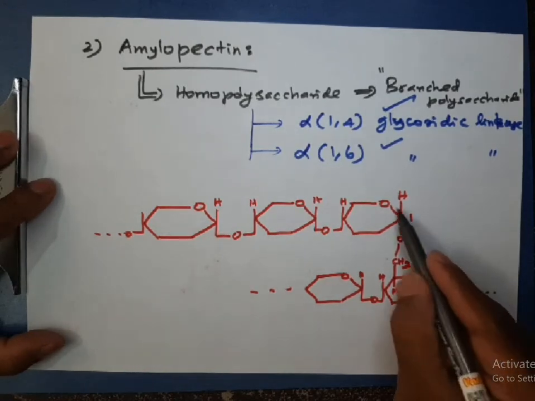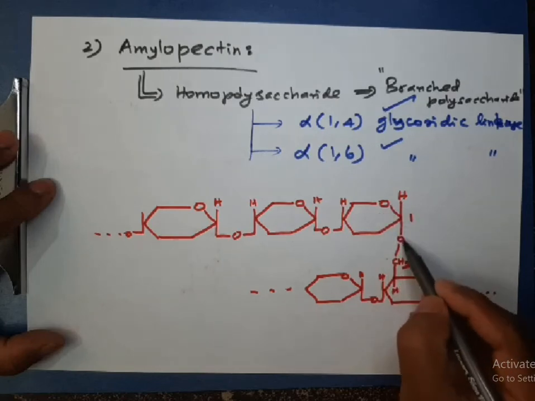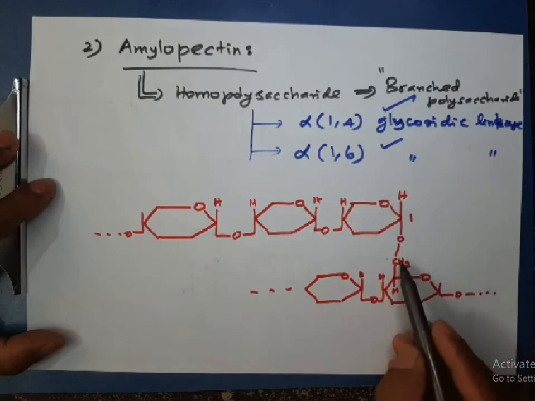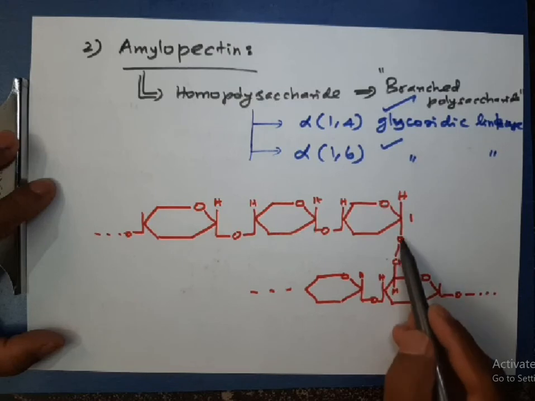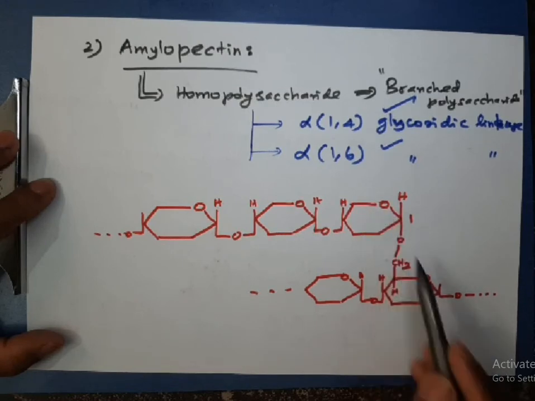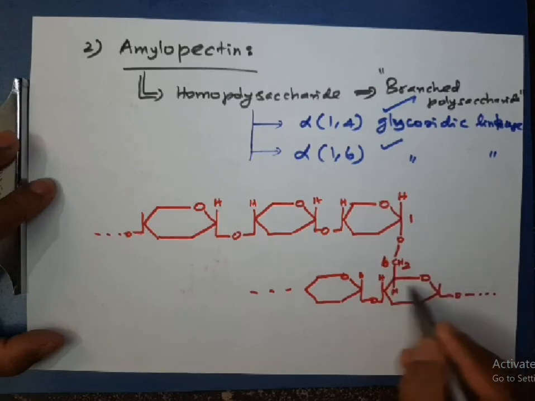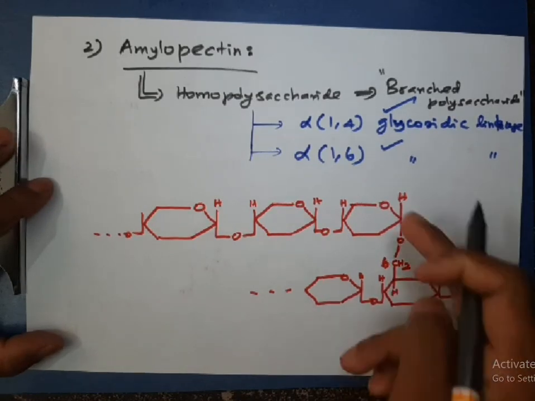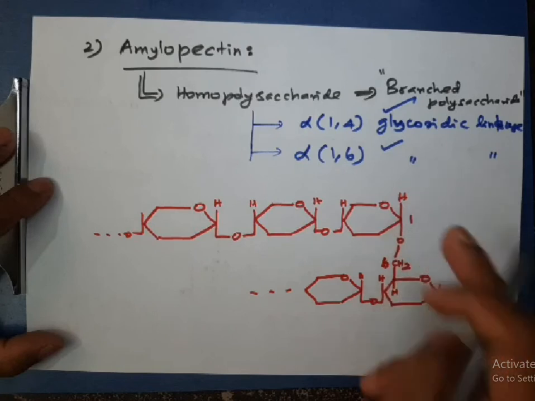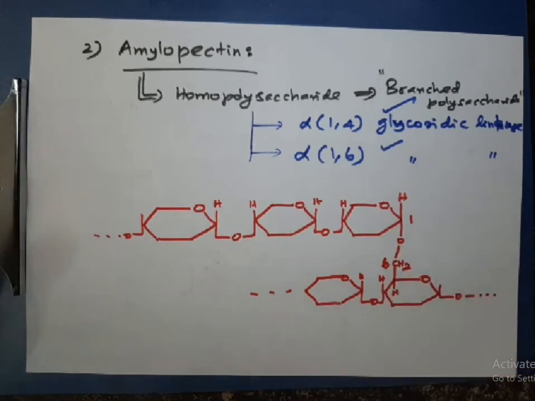With respect to this unit, this is alpha, because the OH group is below. Now we have an ether linkage between this monosaccharide and this monosaccharide, but this is carbon number 1 and this is carbon number 6 of this unit. Therefore this linkage is called alpha 1,6 glycosidic linkage.